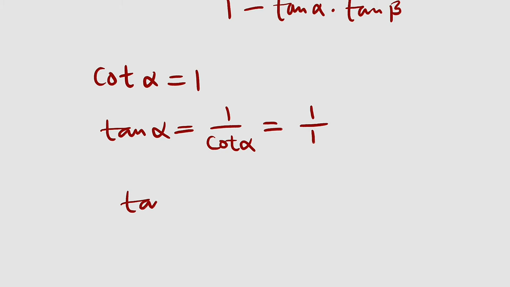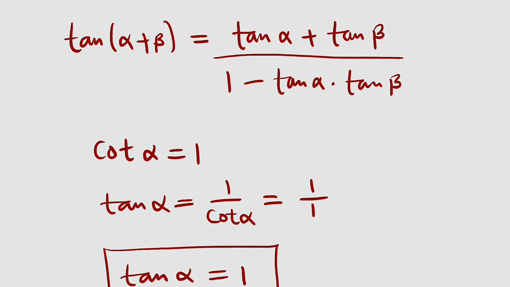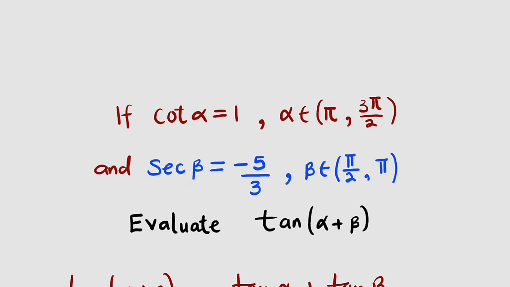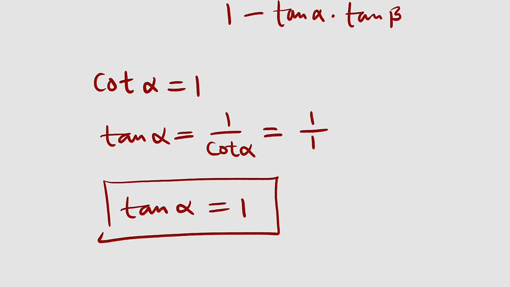Therefore, tangent of alpha is equal to 1. But let us check that condition. It stated that alpha is between pi to 3 pi over 2, which is in the third quadrant. Remember, from our unit circle, tangent is positive in the third quadrant. So we are going to leave it positive 1, right?